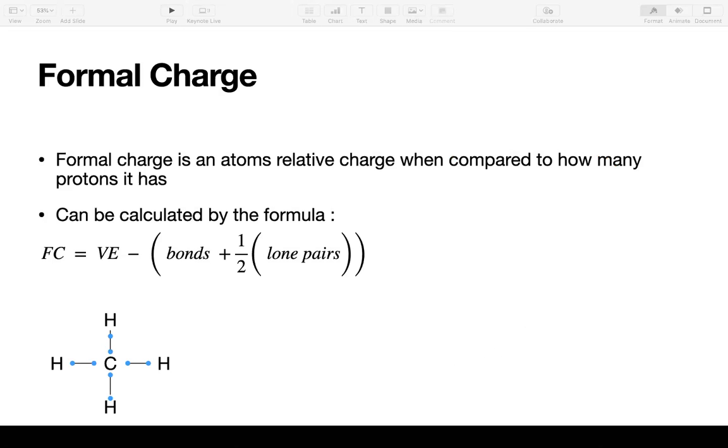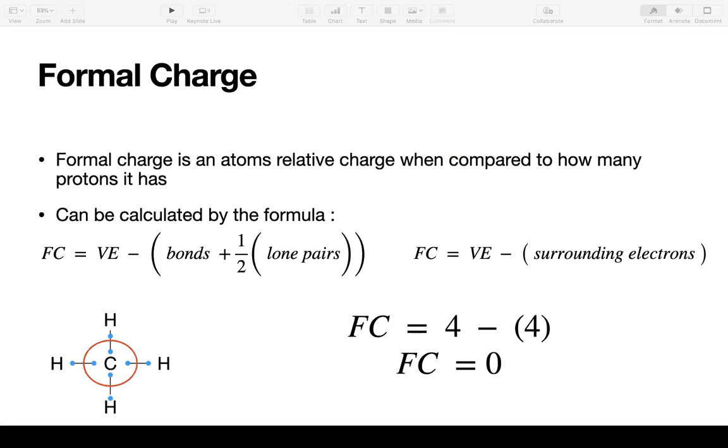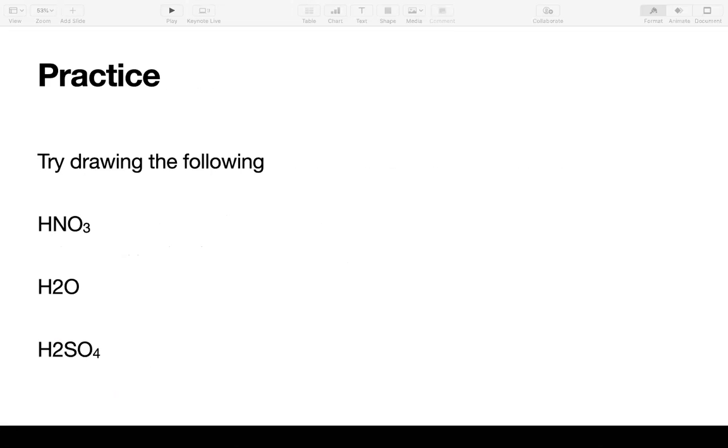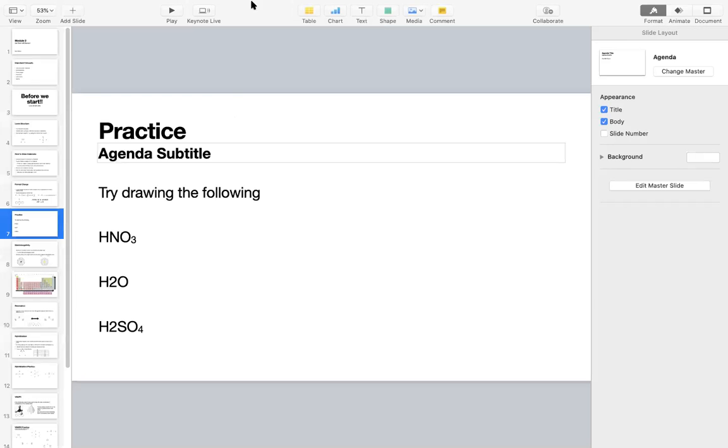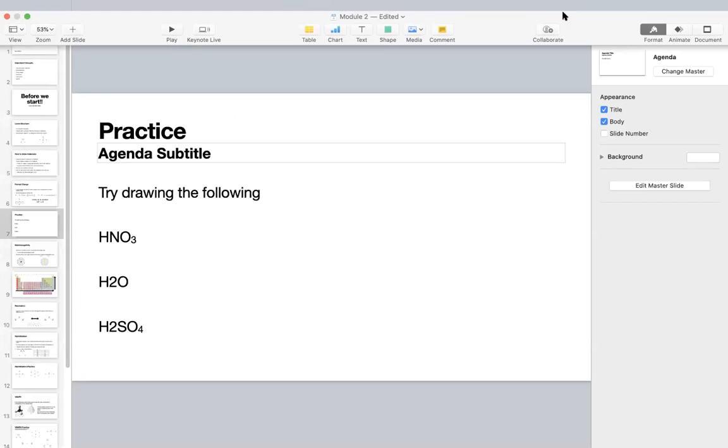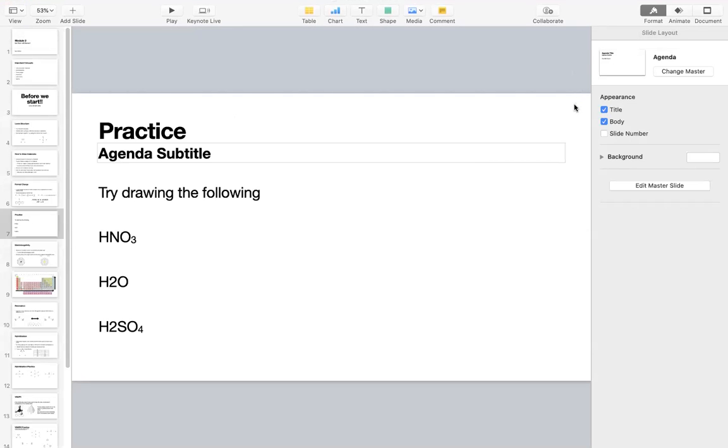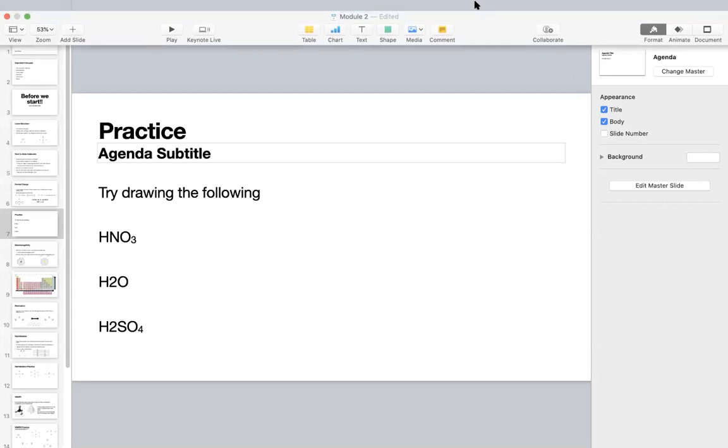All right, so let's move on from formal charge. So let's practice drawing some molecules. So I'm going to do some breakout rooms.